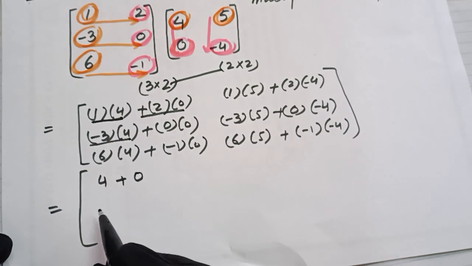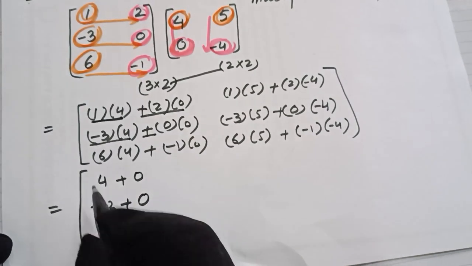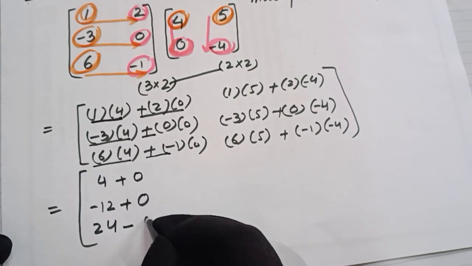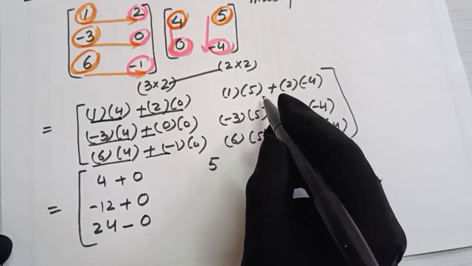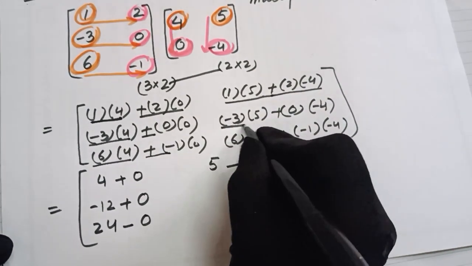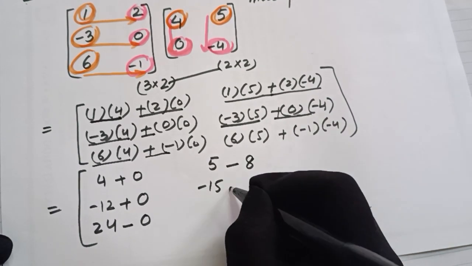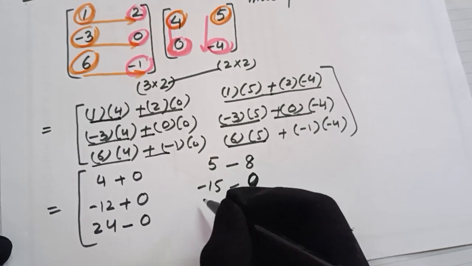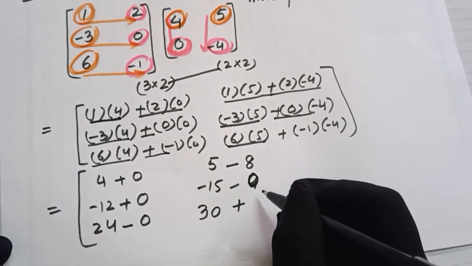Minus 3 times 4 is minus 12 plus 0 times 0 is 0. 6 4s are 24 plus minus 1 zeros are 0. 5 1s are 5 plus minus 2 4s are 8. 3 5s are 15, negative 15, plus minus 4 zeros are 0. 6 5s are 30 plus minus again plus, so overall plus.